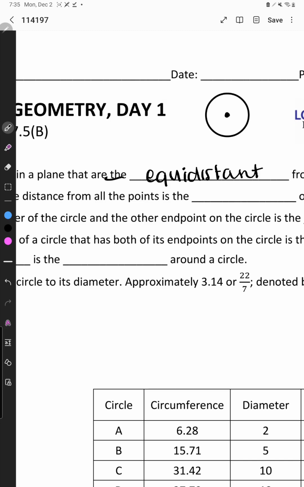Equidistant means equal distance. So from here to here is the same as from here to here, and from here to here is the same as from here to here. And when that happens over and over and over again, you create a circle.